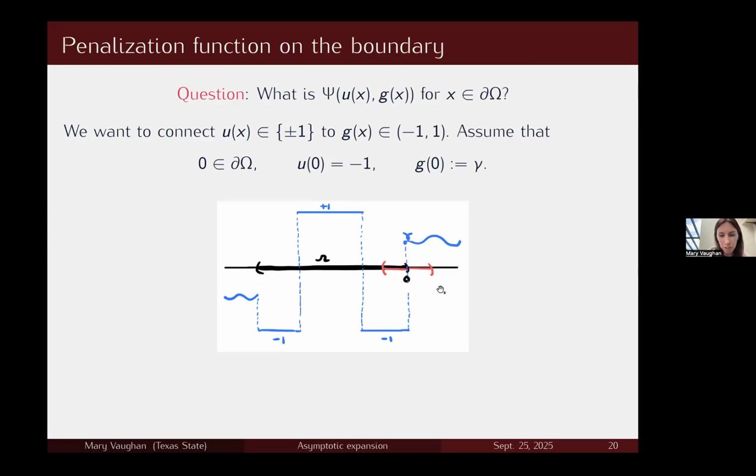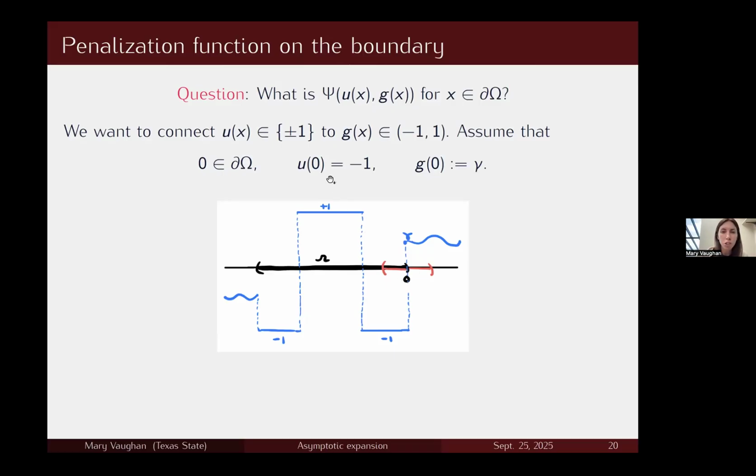So here's again a hand-drawn sketch of just potentially what could happen. I have my domain omega, and I'm going to be assuming that 0 is the right endpoint of my domain omega, and I'm going to mainly be focusing on what happens near that endpoint. Outside of there, there's a lot of patching that happens, but just to give you an idea, we'll focus near that right endpoint, which is going to be 0.